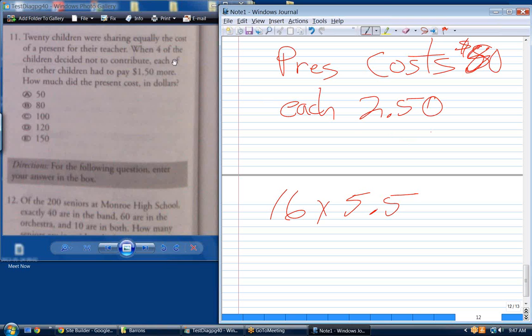And now if we check what the kids would have to pay with 4 of them not paying, we would have 16 times 4. Which is 64, which is not 50. Sorry, I did something wrong with my math.